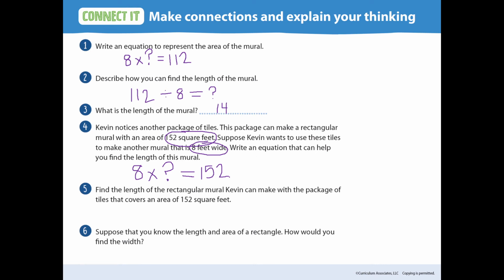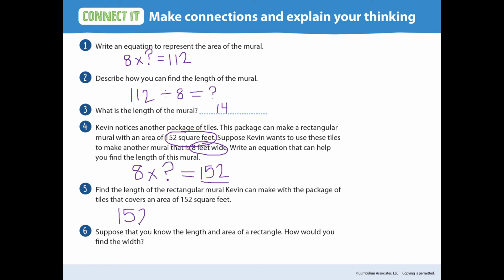Number 5, find the length of the rectangular mural Kevin can make with a package of tiles that covers an area of 152 square feet. So if we use an inverse operation here, the opposite of multiplication is division. And so when we divide, we always start with the total, and then we're dividing it apart.